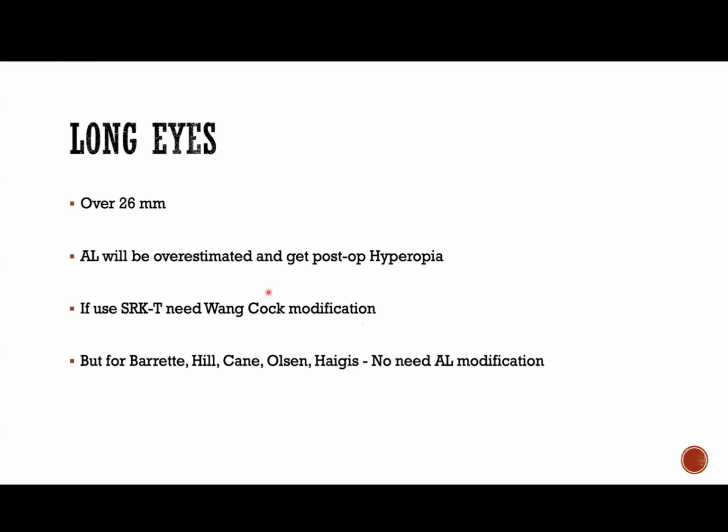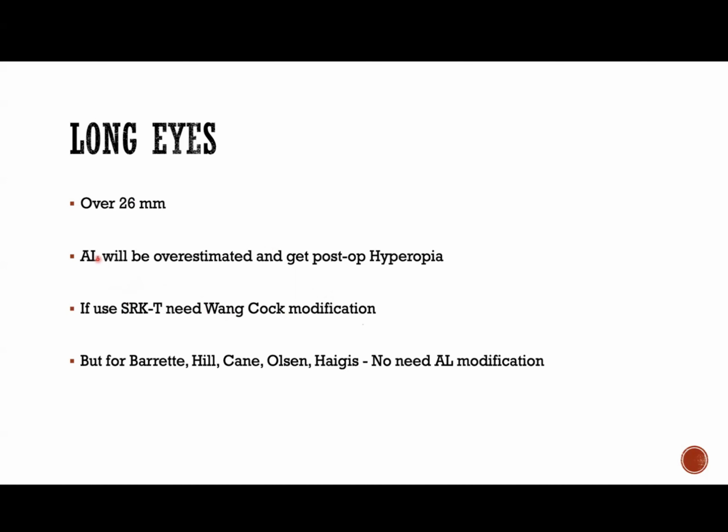For the different IOL formulas, maybe SRK/T has a different modification. If you go for the Hoffer Q, this is a different modification. You have to add that to the axial length value which is given by the optical biometry. If you get 29 millimeter axial length, you have to add the Wang-Koch modification. Then only you get the modified axial length.